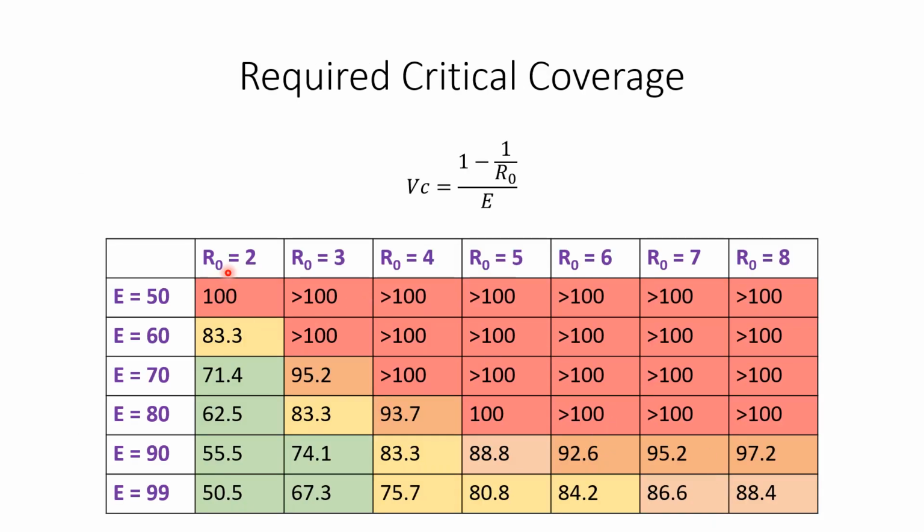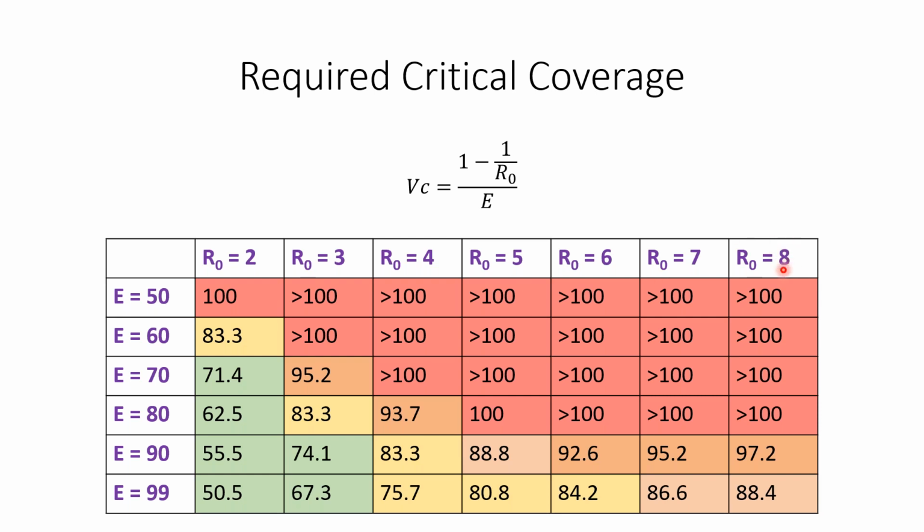In this table, R naught is represented here, the possible vaccine efficacy is represented here, and what these cells give us is the required critical coverage.